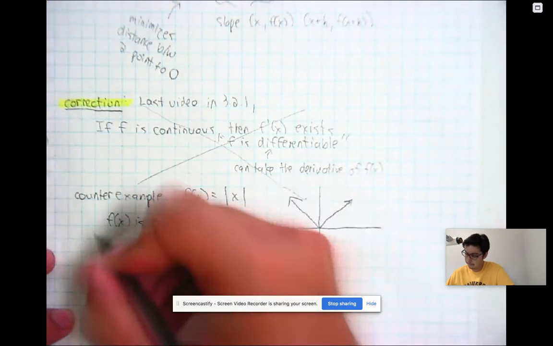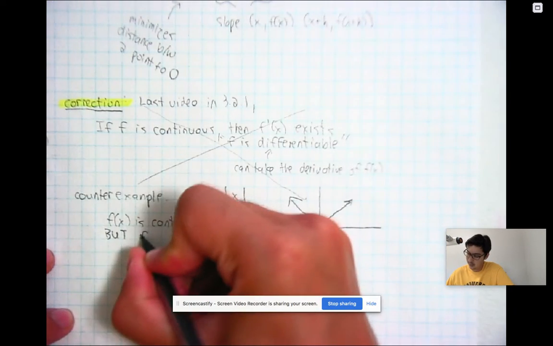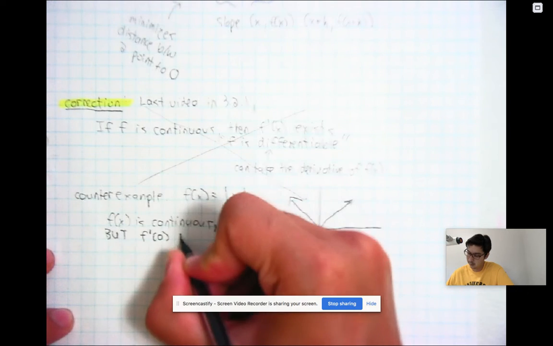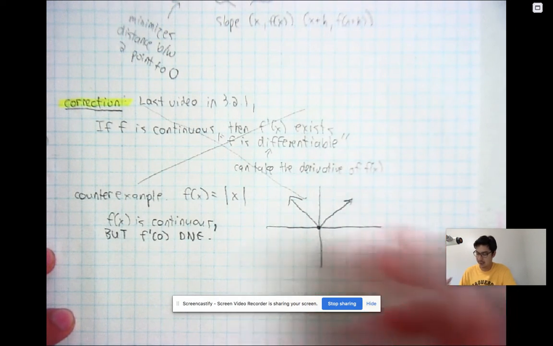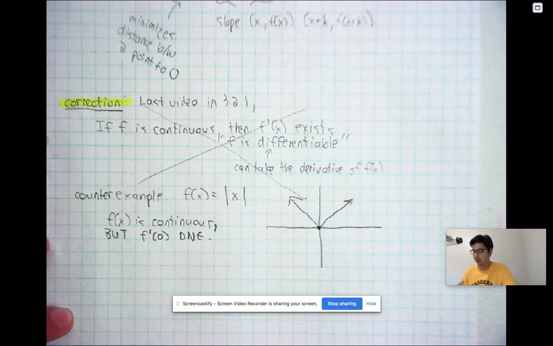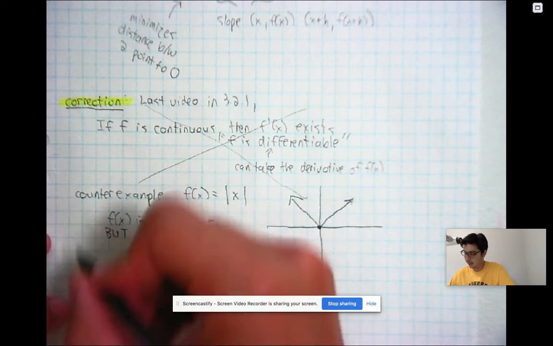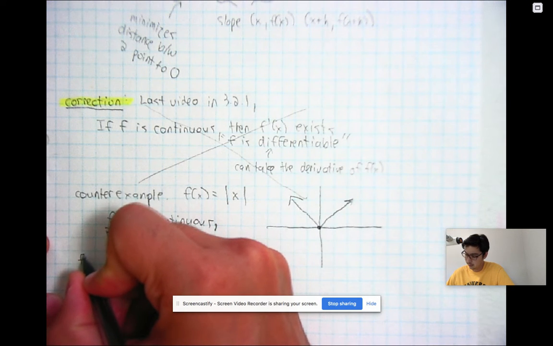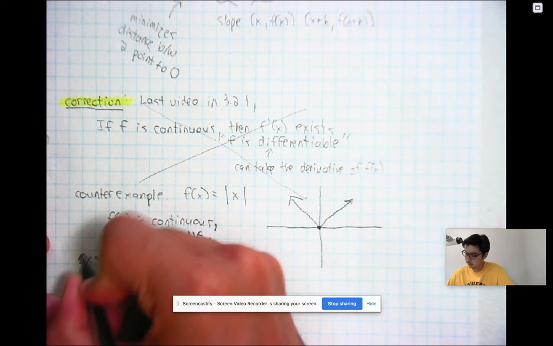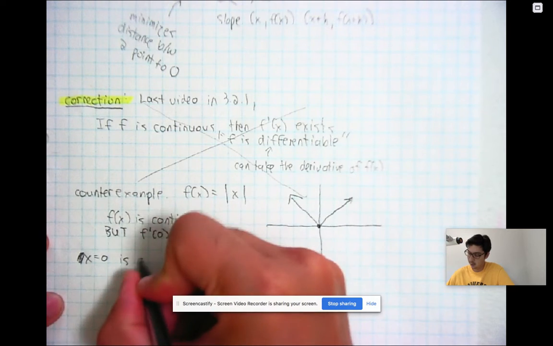But f prime of 0 does not exist. The slope at 0, the instantaneous rate of change at 0, does not exist here. And the reason for that is, remember that f at x equals 0 is a corner.